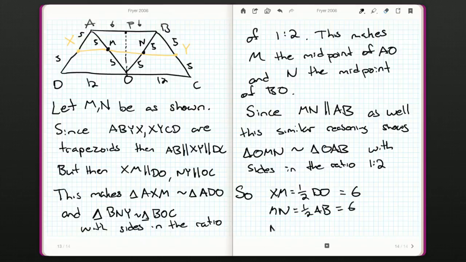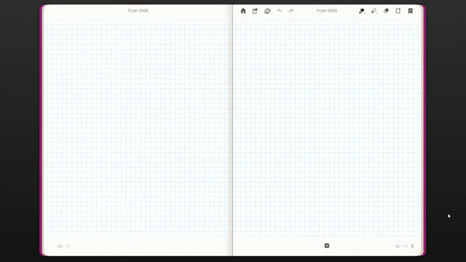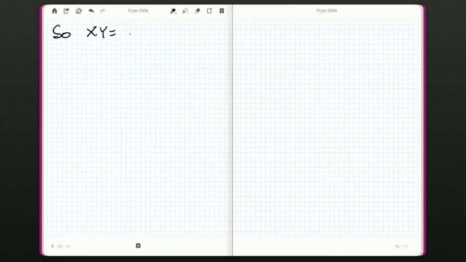That's also 6. And NY is going to be a half of OC, which is also going to be 6. So now we can figure out the length XY. And that's crucial for finding the area of both these two trapezoids. What else do we need? We also need the height. So XY is going to be 18.